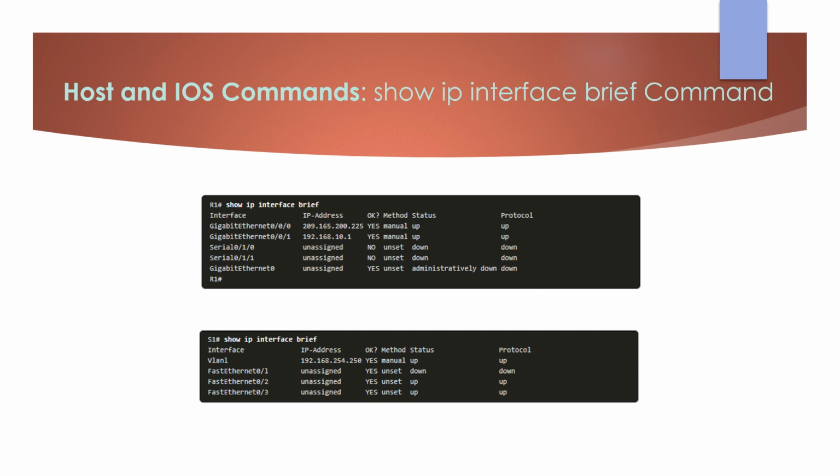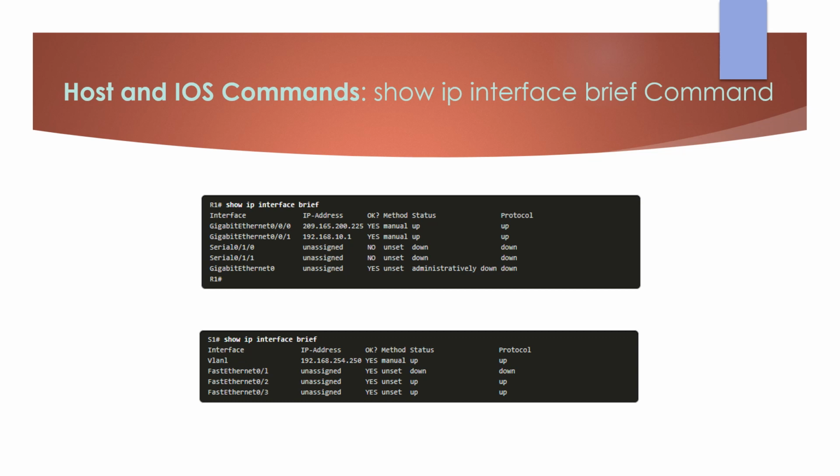You can see that the VLAN 1 interface is assigned an IP address of 192.168.254.250 and has been enabled and is operational. The output also shows that the FastEthernet 0/1 interface is down.